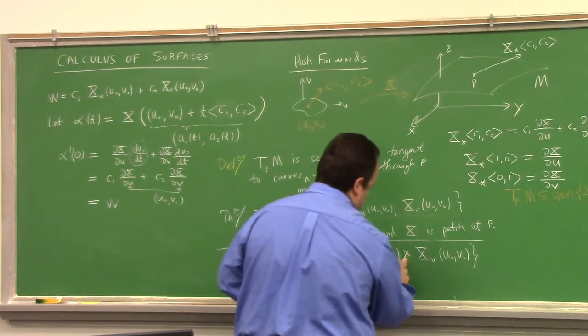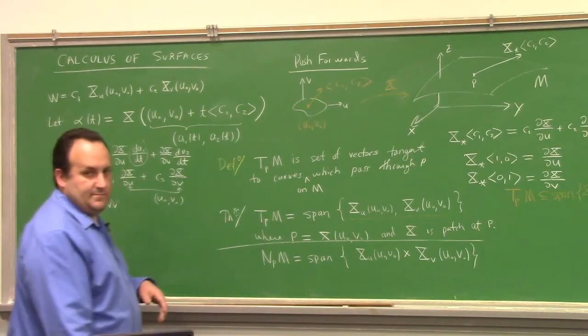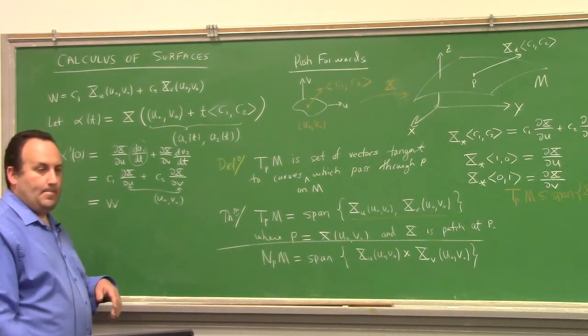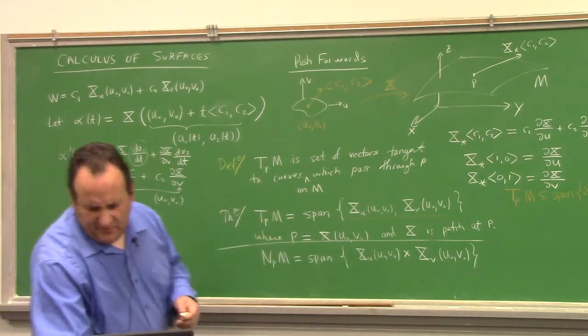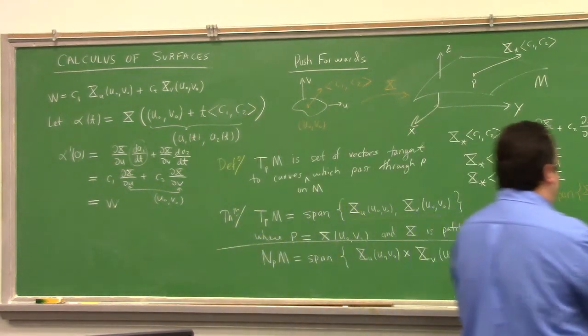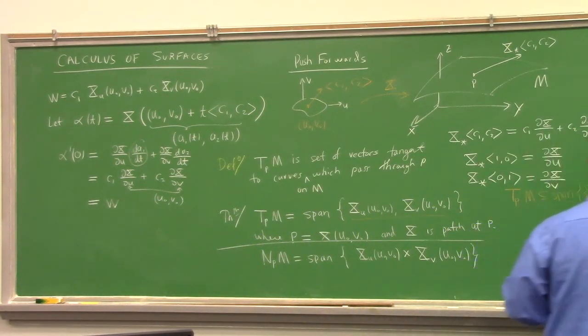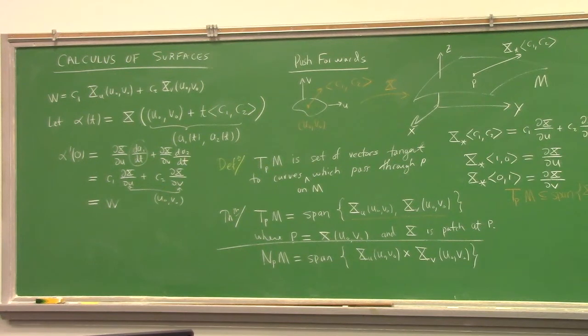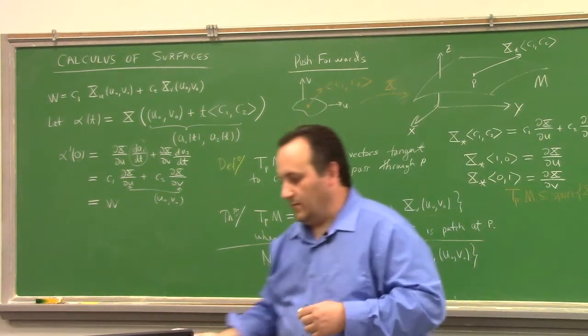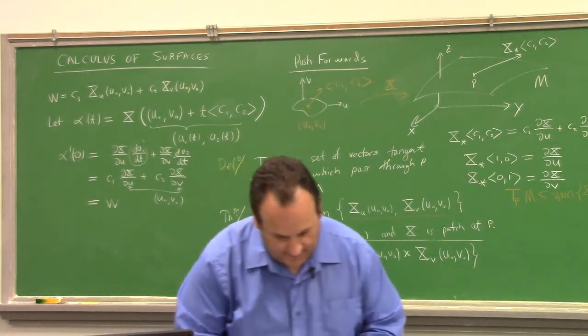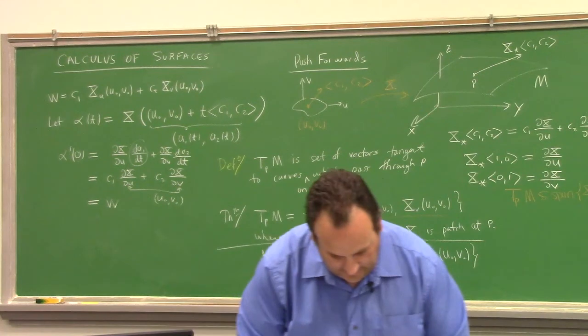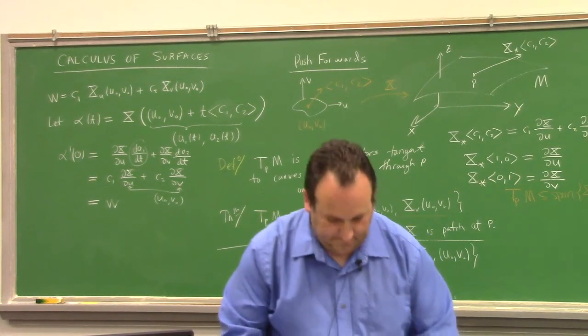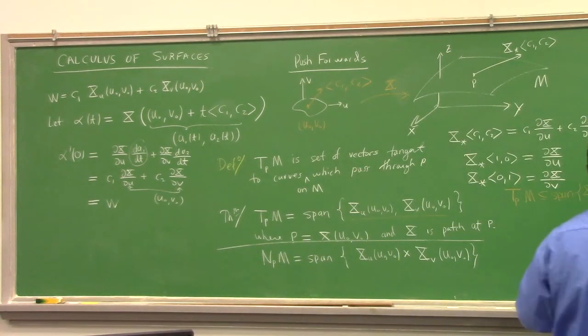This is the cross product, right? And in fact, I should make a definition. This is actually kind of an important definition for the bigger scheme of things in here, which is if we have a patch, we can look at something called the normal vector field, right?